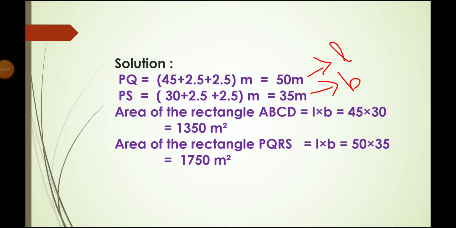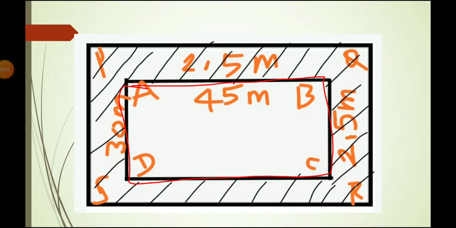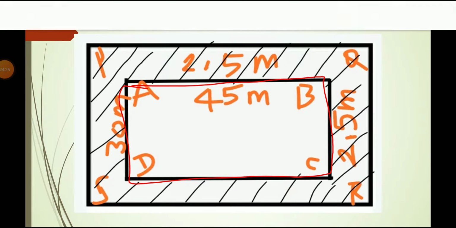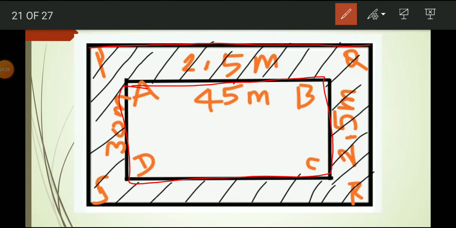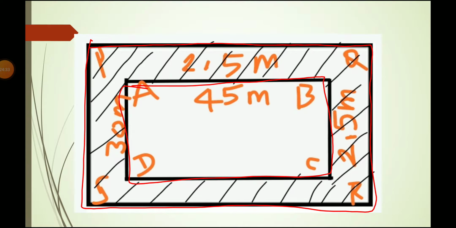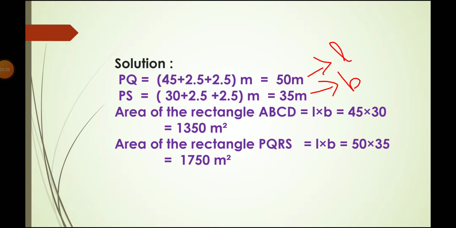Then area of the rectangle PQRS, here we take L equal to 50, B equal to 35. If we multiply these two values, we get the answer of 1750 meters square.